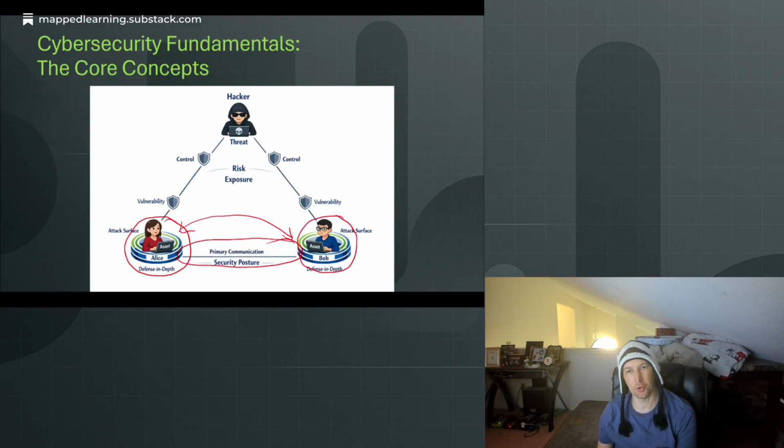And you may have heard the old saying, the chain is only as strong as its weakest link. In cybersecurity, that is literally true. The whole goal of an attacker is to find the weakest area of cybersecurity and exploit it.